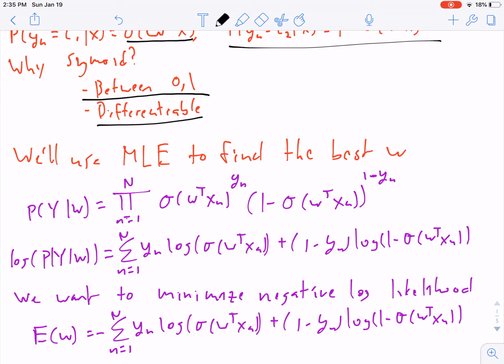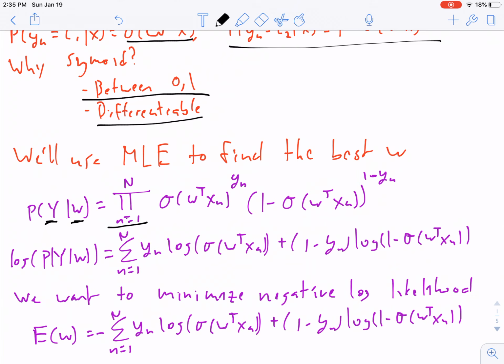So we want the probability of getting our data y, given that w is our true coefficients vector. So we're going to assume that all the data points are independent, which is to say that the likelihood for all of them is just the product of the likelihoods for each of them.